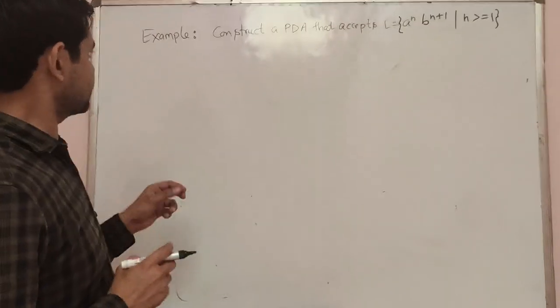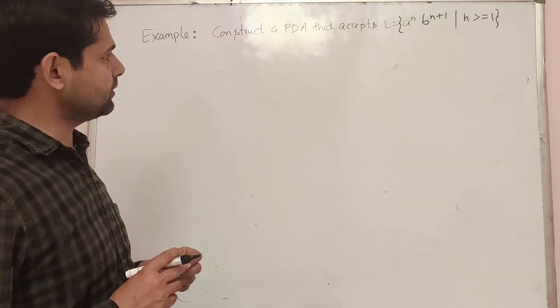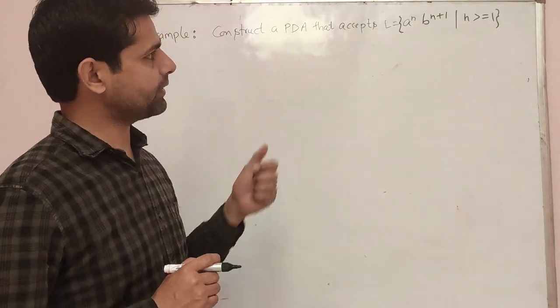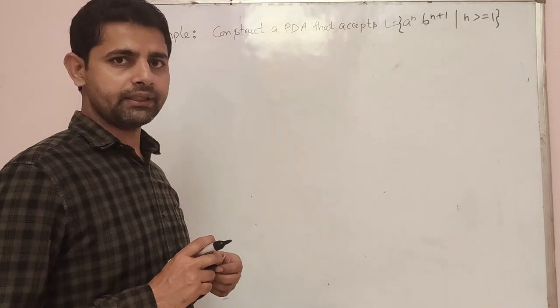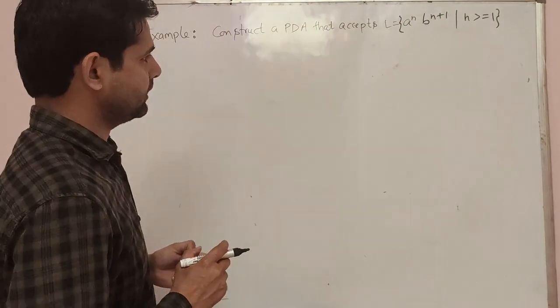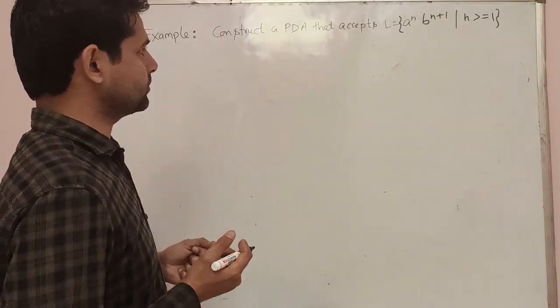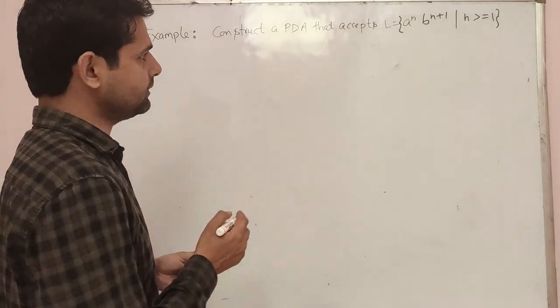Now we will discuss another example. Construct a pushdown automata that accepts L equal to a to the power n, b to the power n plus 1, where n is greater than or equal to 1. First we will understand the logic, how we will develop that pushdown automata for this language.